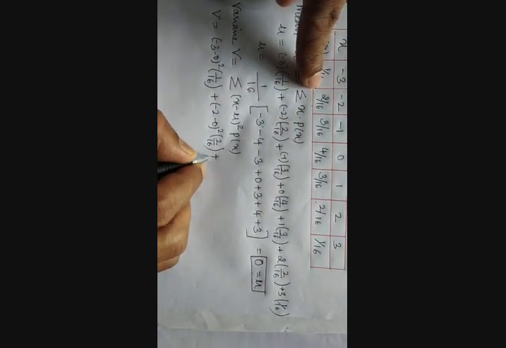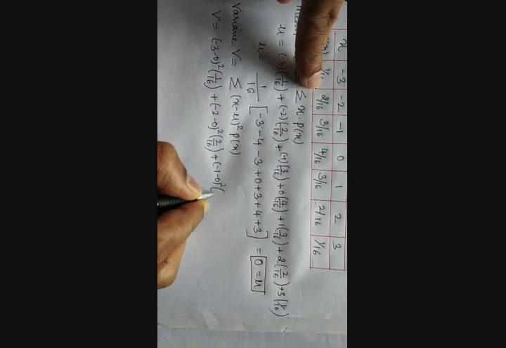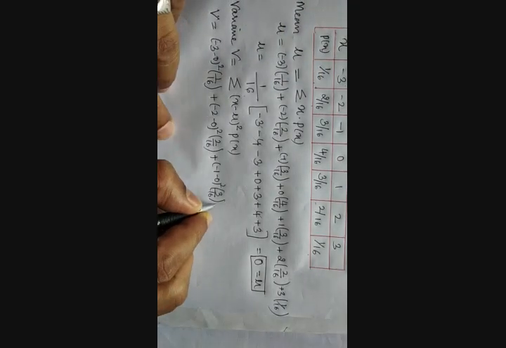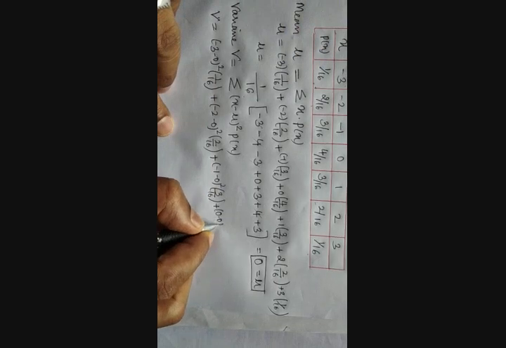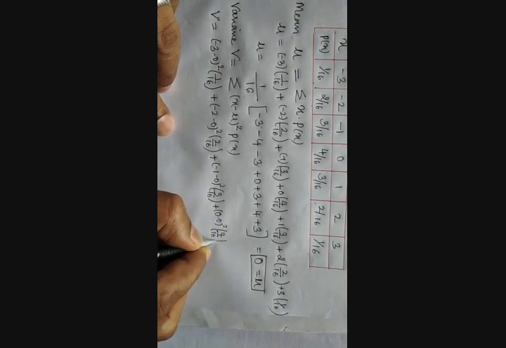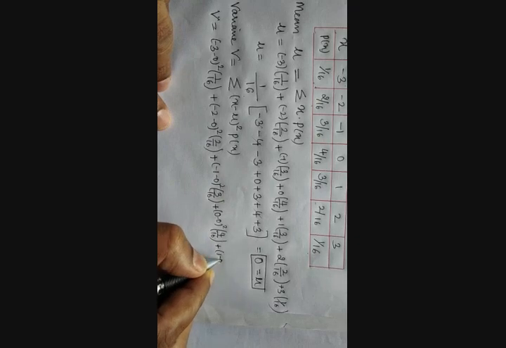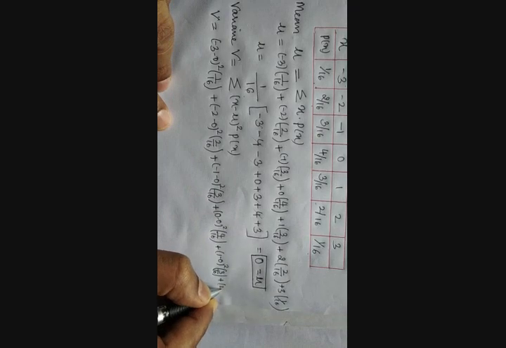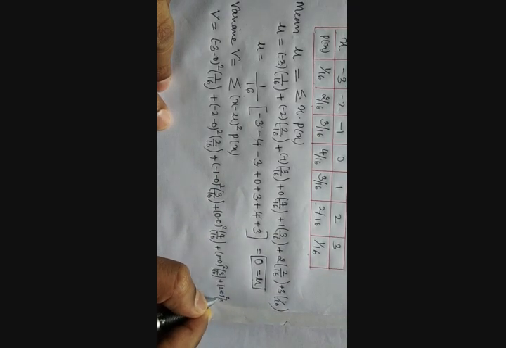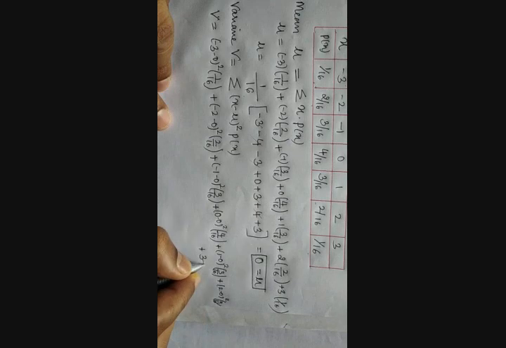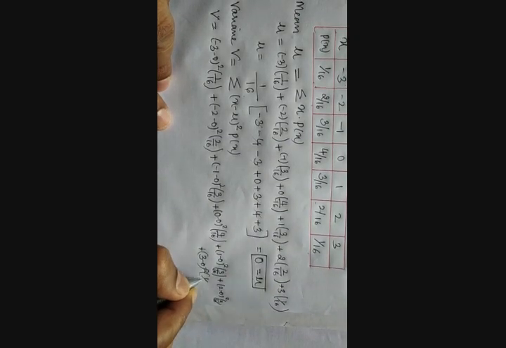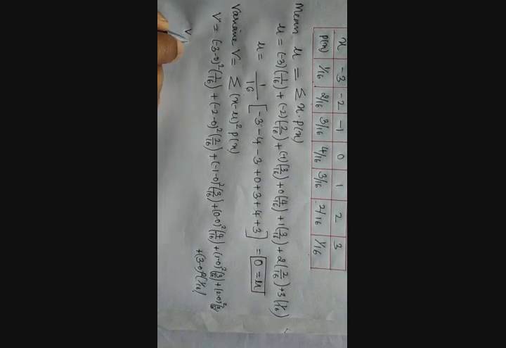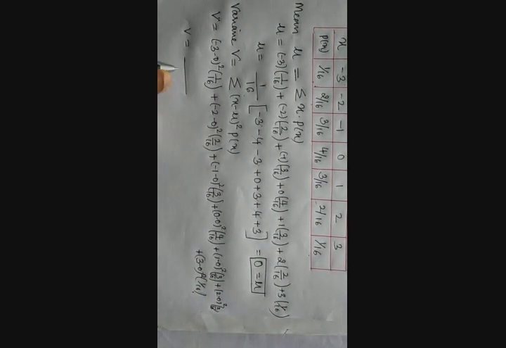Next, (minus 1 minus 0) square into 3 by 16 plus (0 minus 0) square into 4 by 16 plus (1 minus 0) square into 3 by 16 plus (2 minus 0) square into 2 by 16 plus (3 minus 0) square into 1 by 16. If we calculate this, again we take 1 by 16 as the LCM, the denominator.